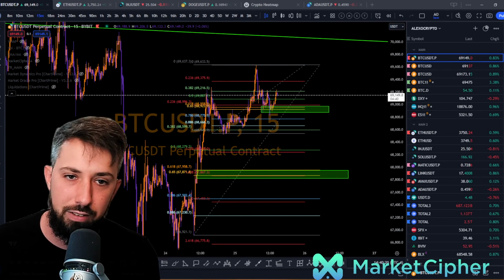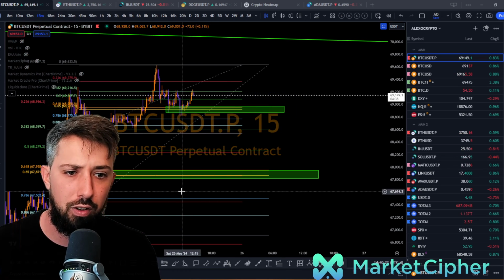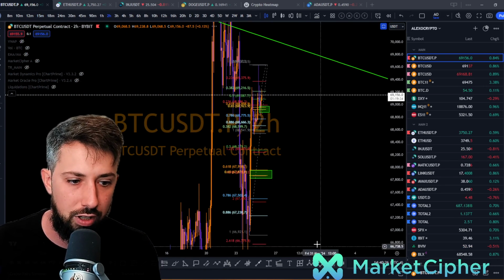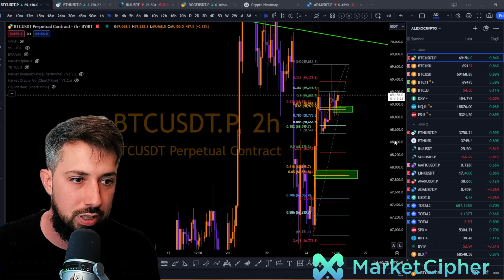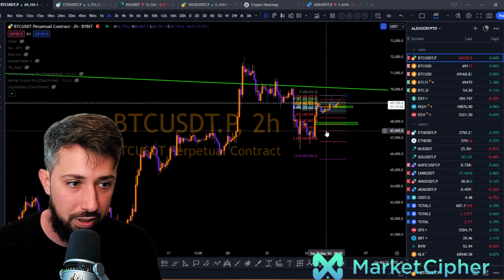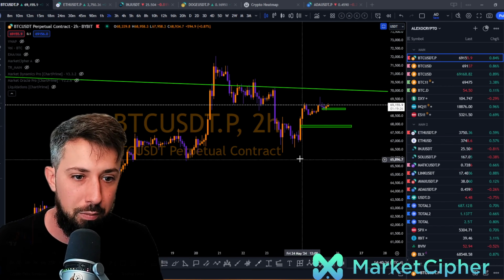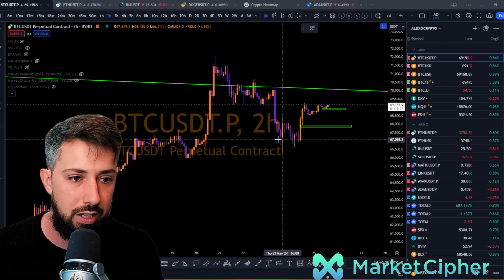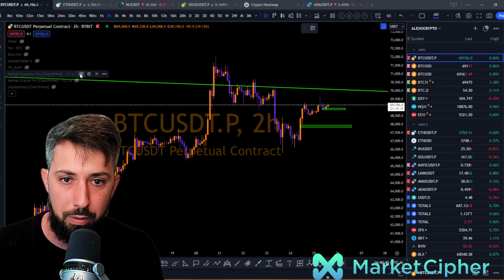We were always hunting for them, and we're always looking for the continuation, the swing failure patterns. That juicy entry at lows allows us to really take profit early and put our stop loss at entry. It's very much helping us as traders become safeguarded against the market structure coming back and wrecking us.